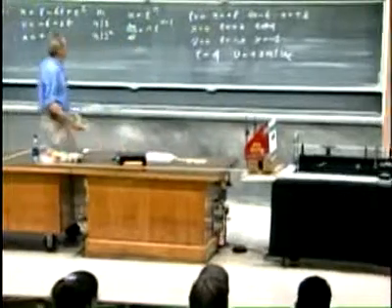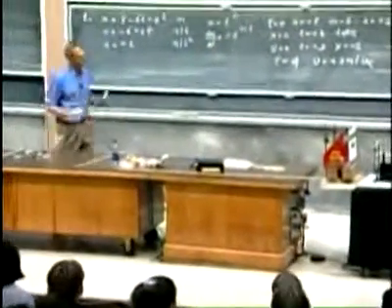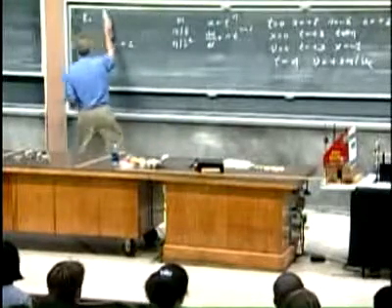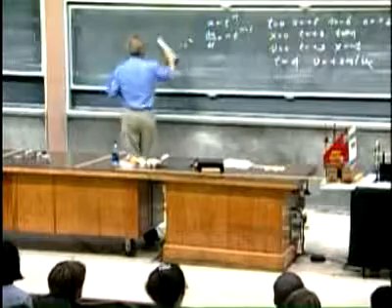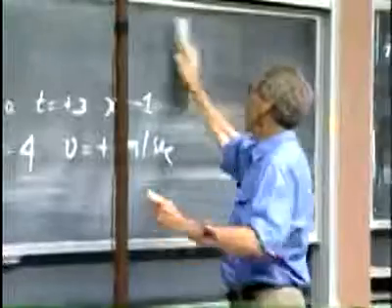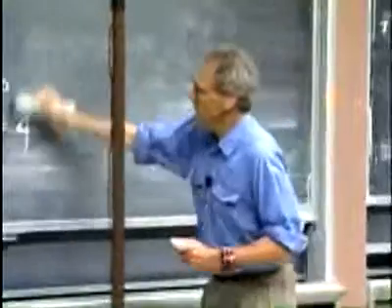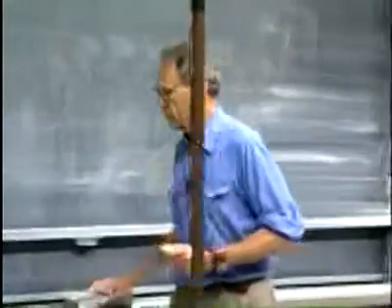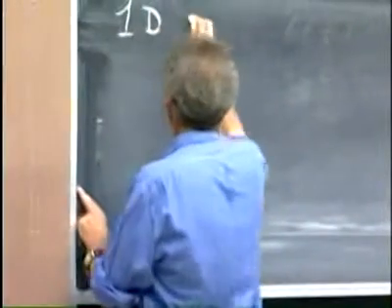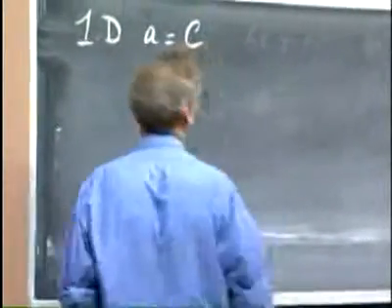I now would like to write down, in most general form, the equation for the position and the velocity as a function of time for a one-dimensional motion whereby the acceleration is constant. So it's going to be one-dimensional again, and a is going to be a constant.